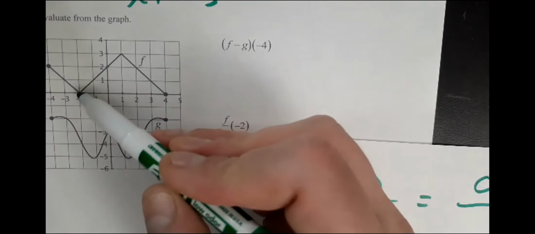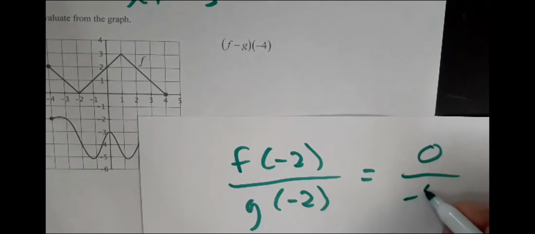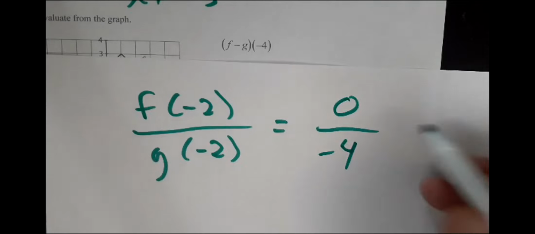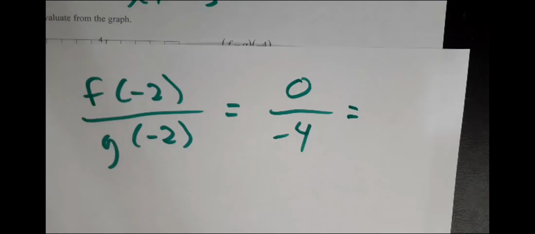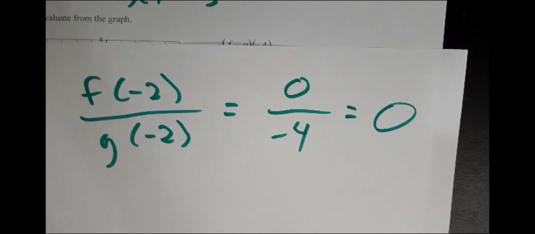I'm doing g of minus 2, so I go to my x value of minus 2 and drop down to my g of minus 2. You've got to think about this maybe for a minute. Think about pizzas and people and what the heck I'm asking. This is the number 0 over a number, which is 0. So this one is 0. If the 0 is on the bottom, it's undefined.